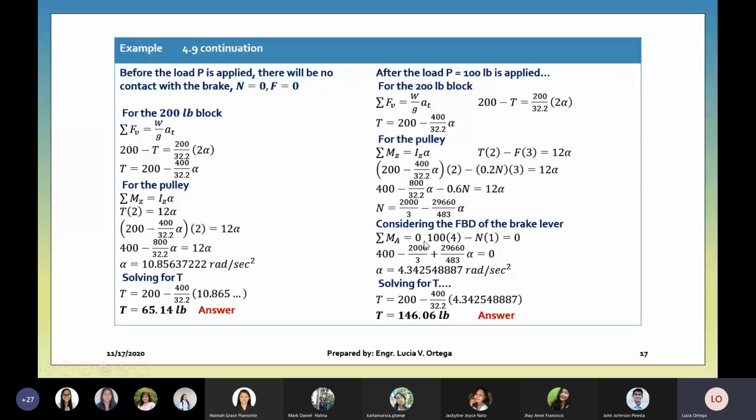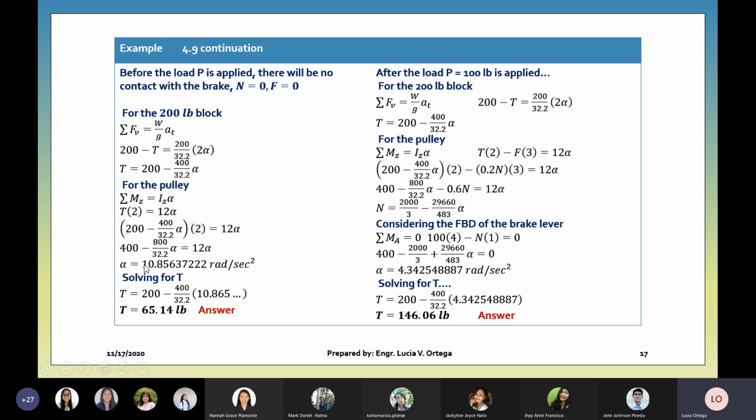Summation of moment at A equals 0. It's 100 times 4 minus N times 1 equals 0. So this is 400 minus N, because the moment arm is 1. Then equate to 0.